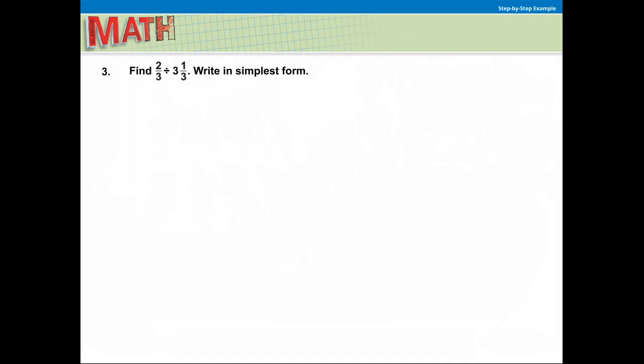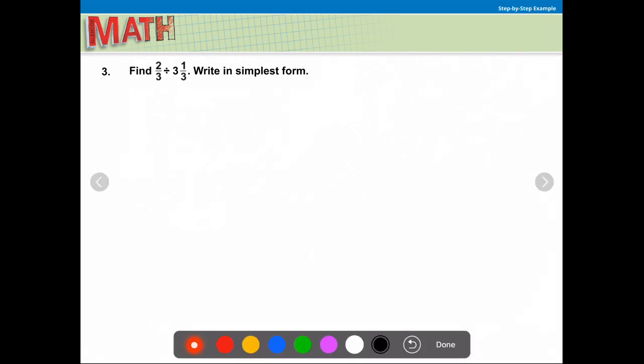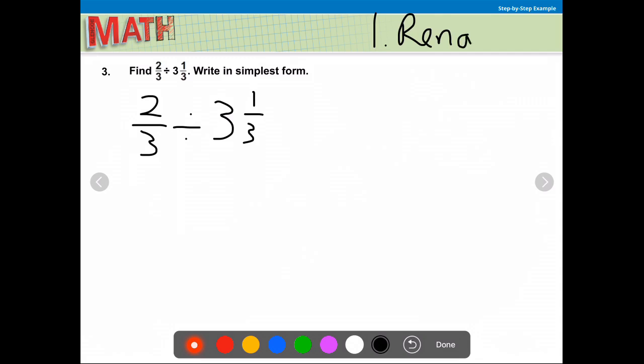We'll do it again, a little bit more difficult this time. So I'm going to write 2/3 divided by 3 1/3, and my step 1 is to rename. So I'm going to change this to 9/3 plus 1/3, or 10/3.